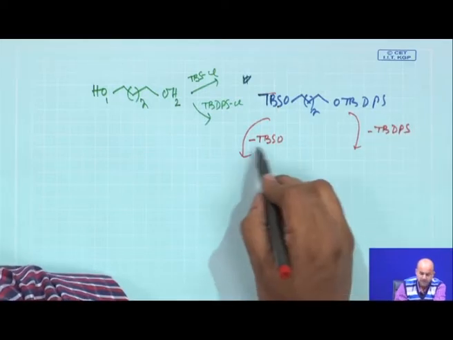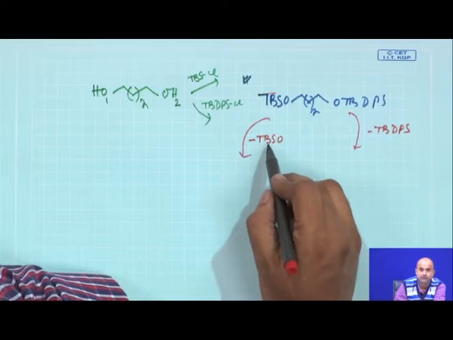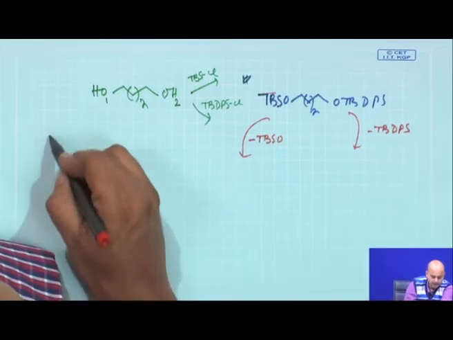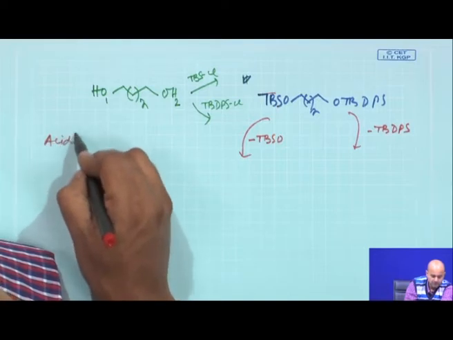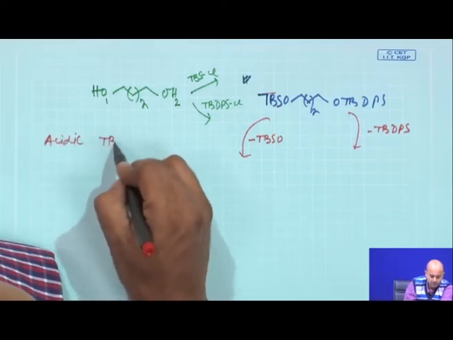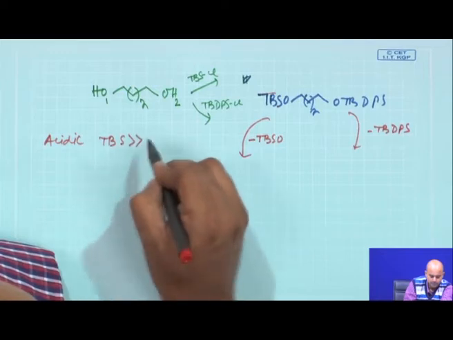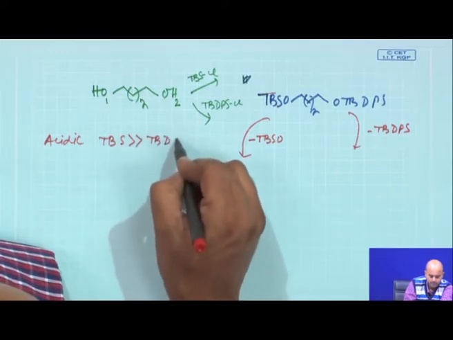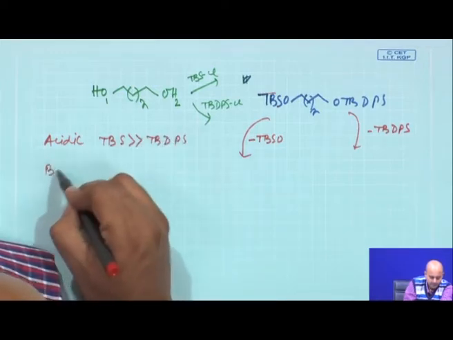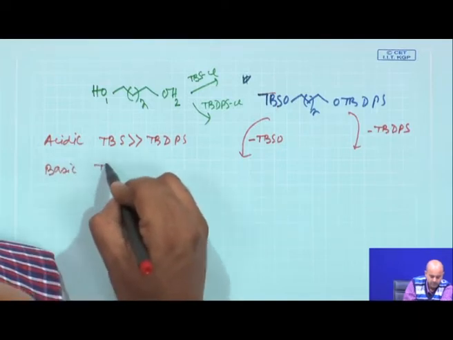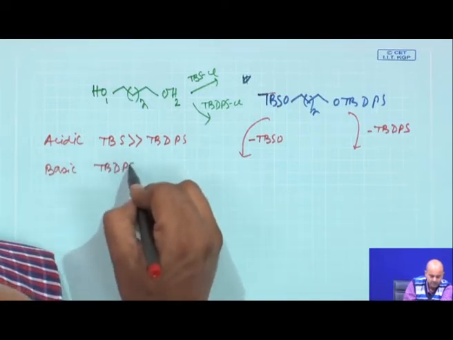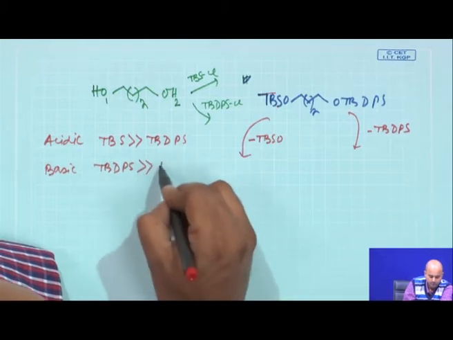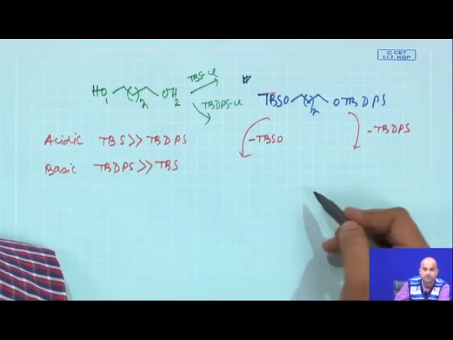The selective TBS removal: I said TBS is much more acid labile. In acidic reactivity, TBS is much more reactive than TBDPS. And in basic reactivity, TBDPS is very labile towards base, TBS is not that much.